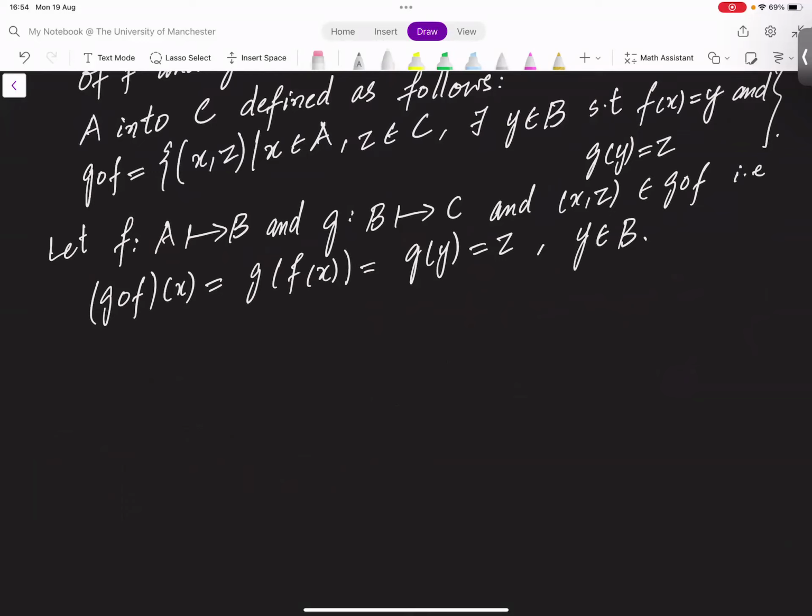Perfect. We will have a theorem now in which we talk about these functions.